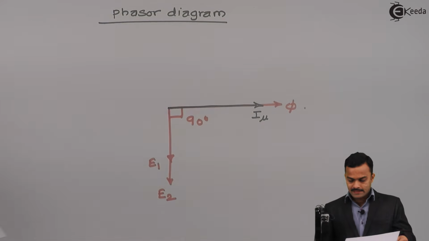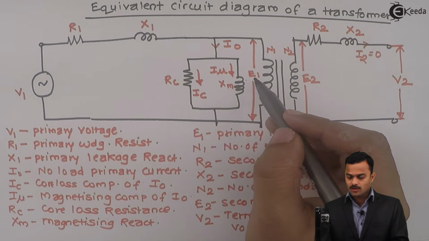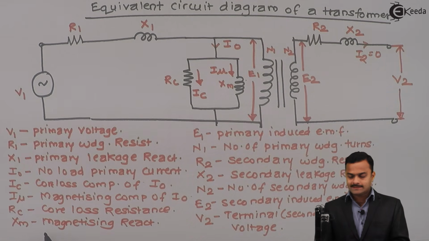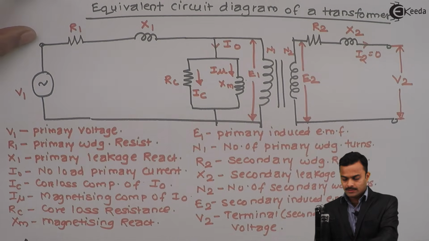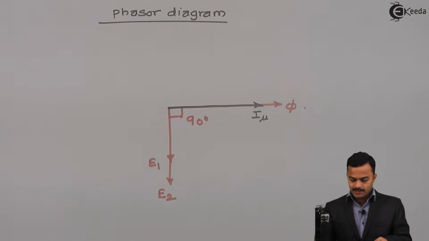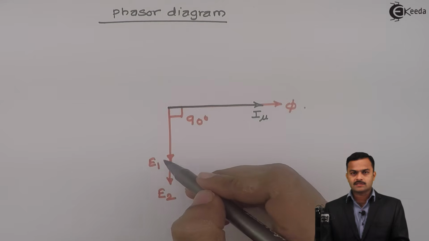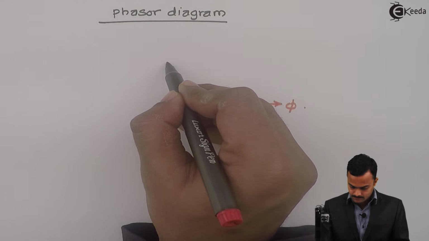I mu is the current passing through this inductor whose voltage will be E1. Actually by Lenz's law it should be minus E1, that we have already seen. So we want E1 and its opposite phasor, which is minus E1, equal and opposite to E1, like this.